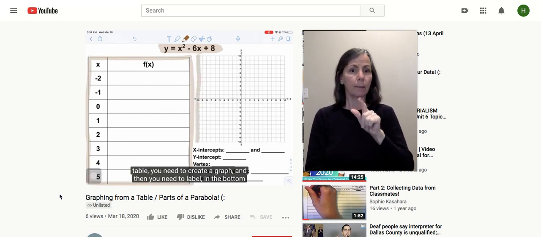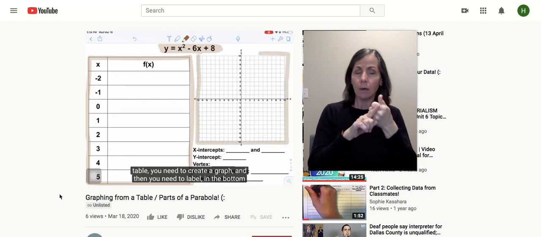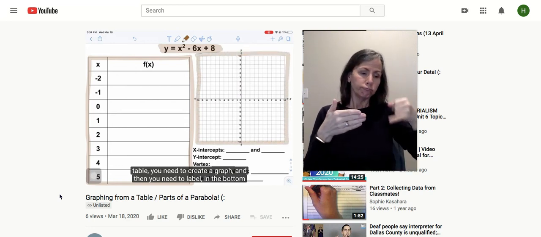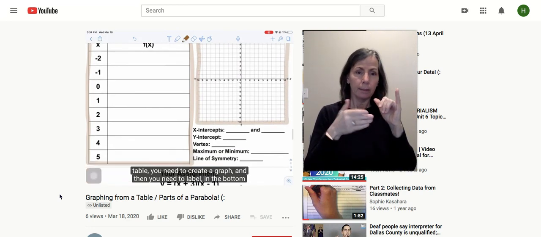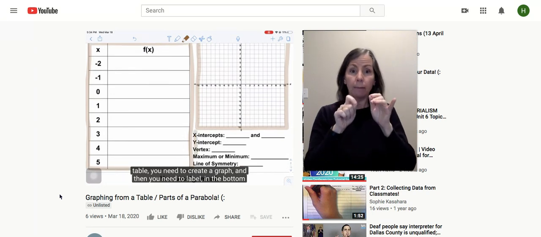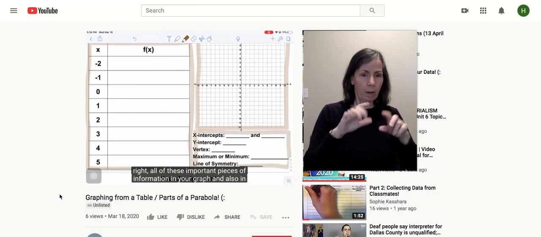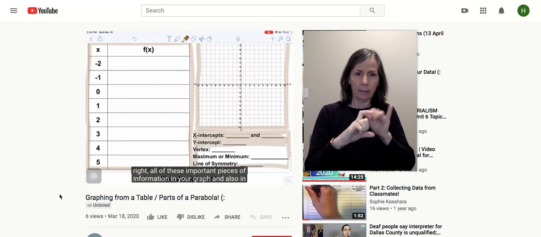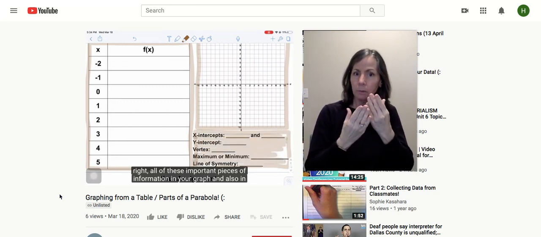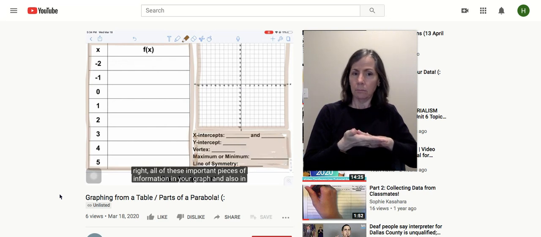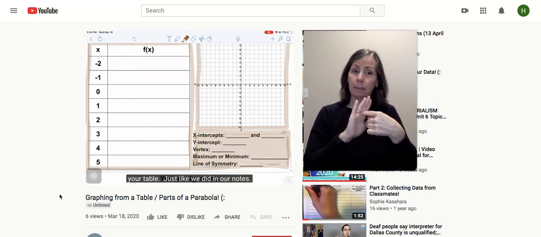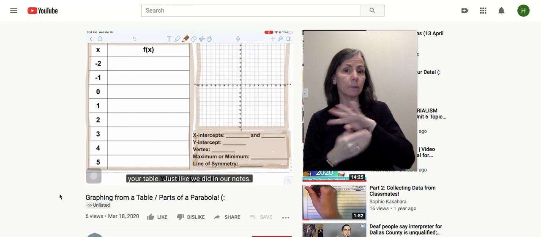You need to create a graph. And then you need to label in the bottom right all of this important pieces of information in your graph and also in your table, just like we did in our notes.